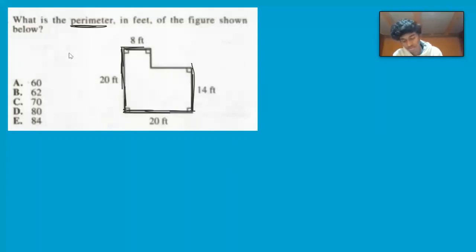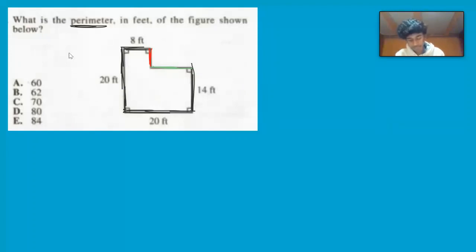To find the perimeter of a shape, we need to know the total length of the boundary, and we do not for this question. So how do we find the red and how do we find the green?